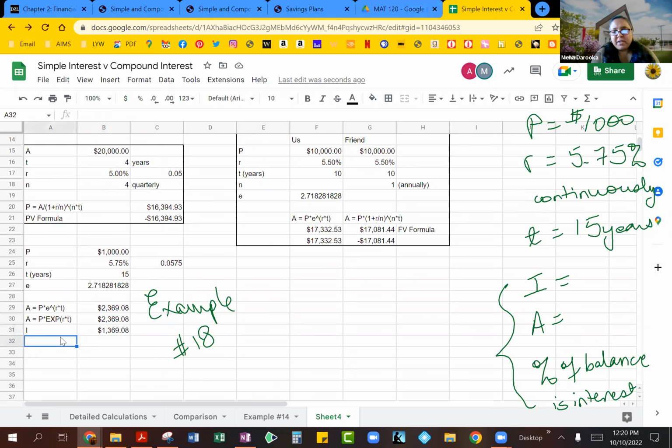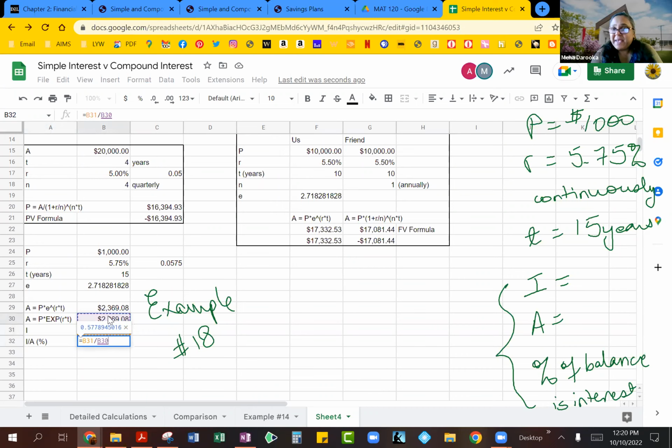Now, the last part they were asking us is what percentage of the balance is the interest. So remember, this is where you take your interest and divide it by your balance, and this will of course come out to be a percentage value. So literally just click on the cell where you have the I, divided by your future value.